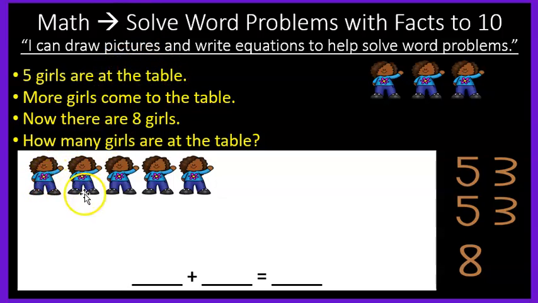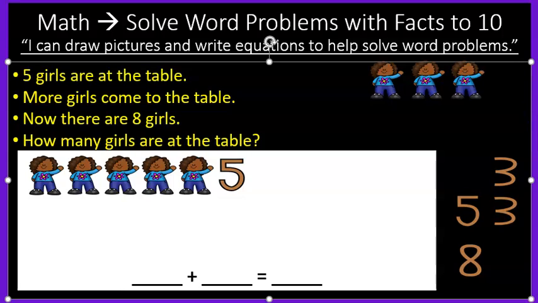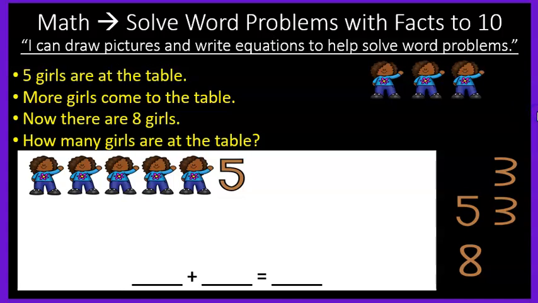Look, we put 5 girls here. Now there's 5 girls there, so we have to put 5 here, so that way we see it. That number 5 goes there. Now, let's keep reading to see how many we need to put here.